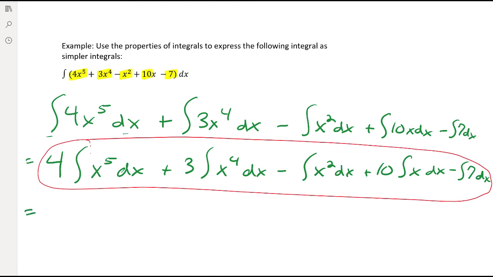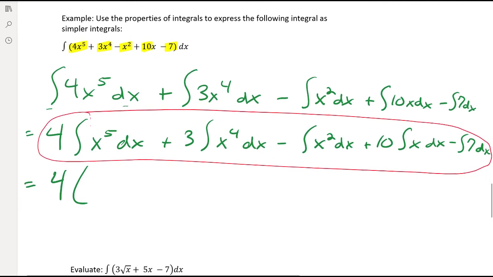Okay? So we're going to have 4 times, and remember we add 1 to the power, divide by the new power. So it's going to be 4 times x to the 6th over 6. There is a plus c, but we'll talk about that in a second.